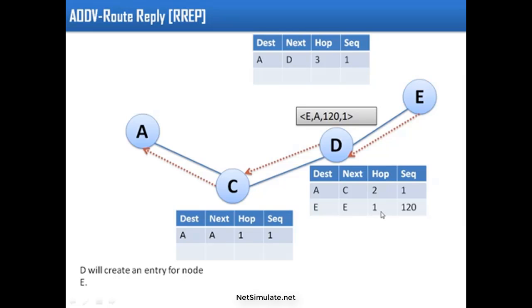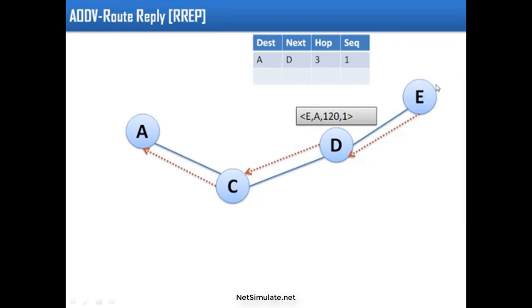Hop count is 1, and this is the sequence number. This is the timestamp of the time at which destination E generated the route reply packet.